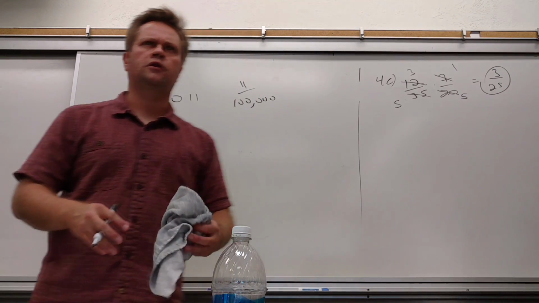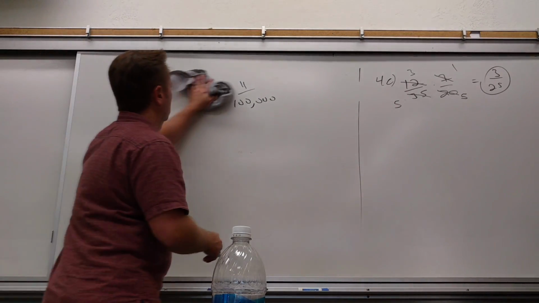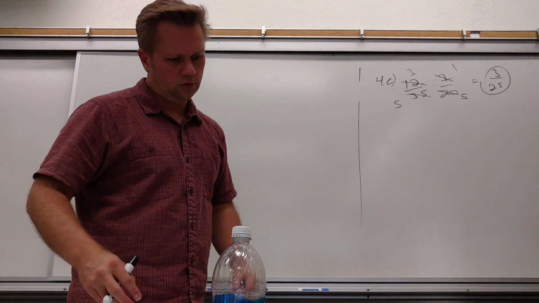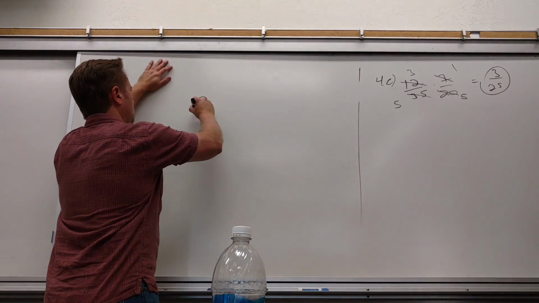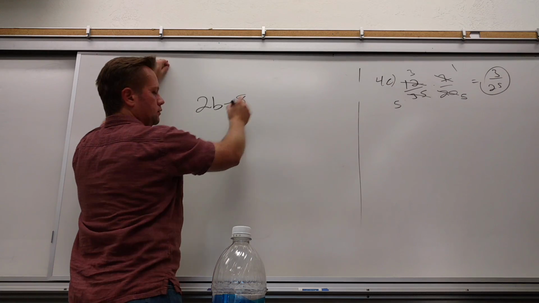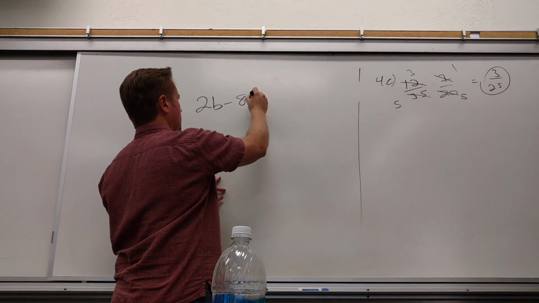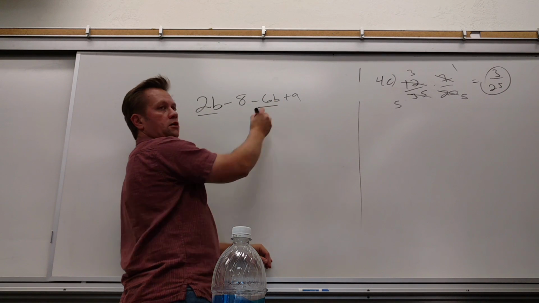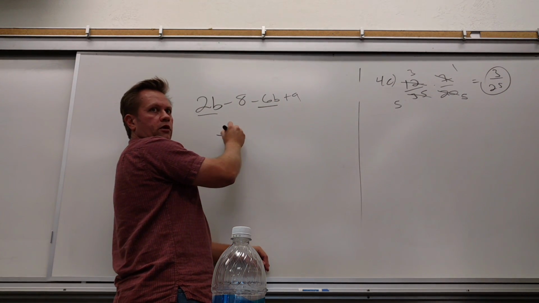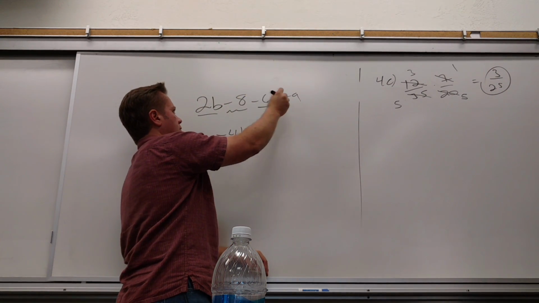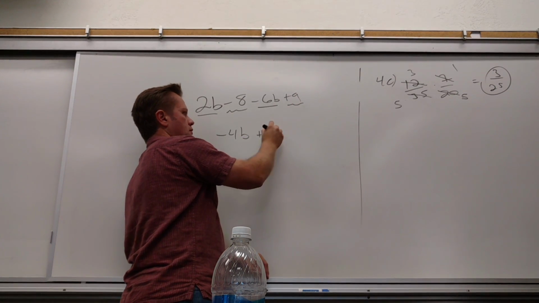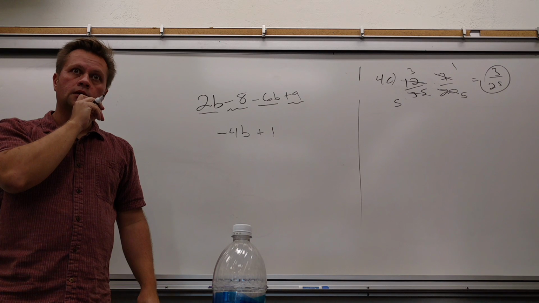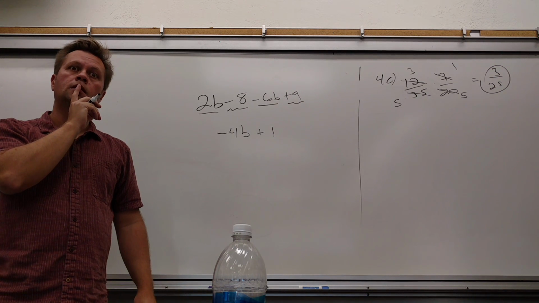Why positive 4? 2 minus 6 is not positive 4. So 2b minus 8 minus 6b plus 9. What is 2b minus 6b? Negative 4b, yeah? Okay. And what's negative 8 plus 9? Plus 1. Okay, why don't you just go beyond and do plus 1, plus 4?